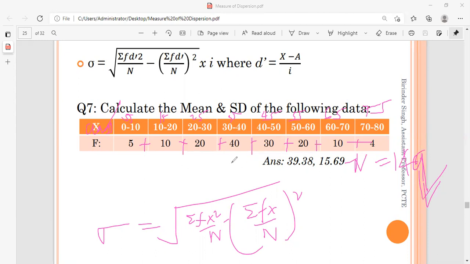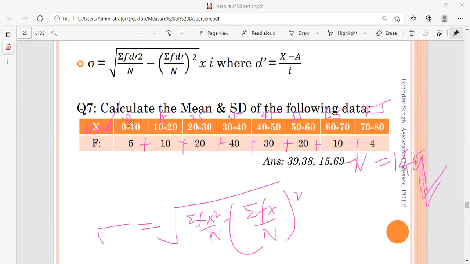The only additional thing you have to learn to compute the standard deviation in case of grouped data, I mean continuous frequency distribution, is the computation of the mid values from each class interval.